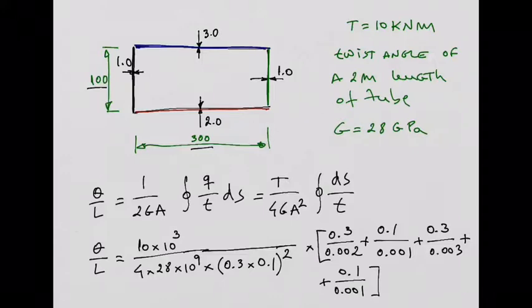And then if you do all of these calculations, you should get this result that I have here, which is 44.64 times 10 to the minus 3 radians per meter. Okay?